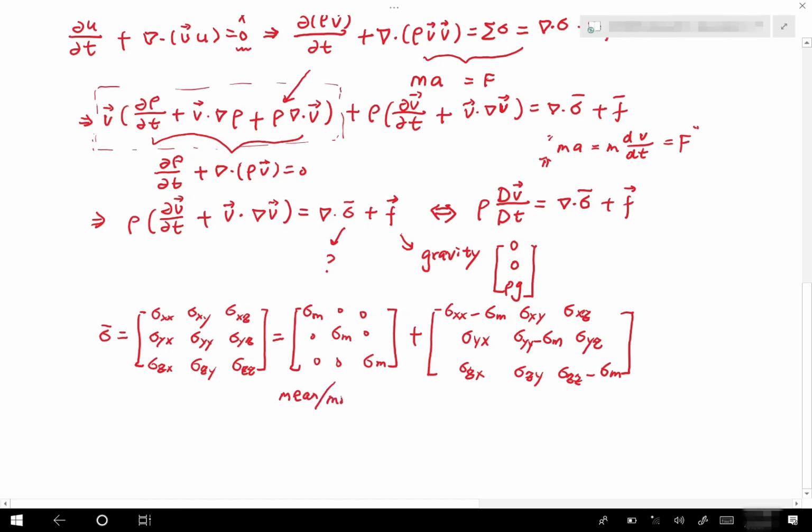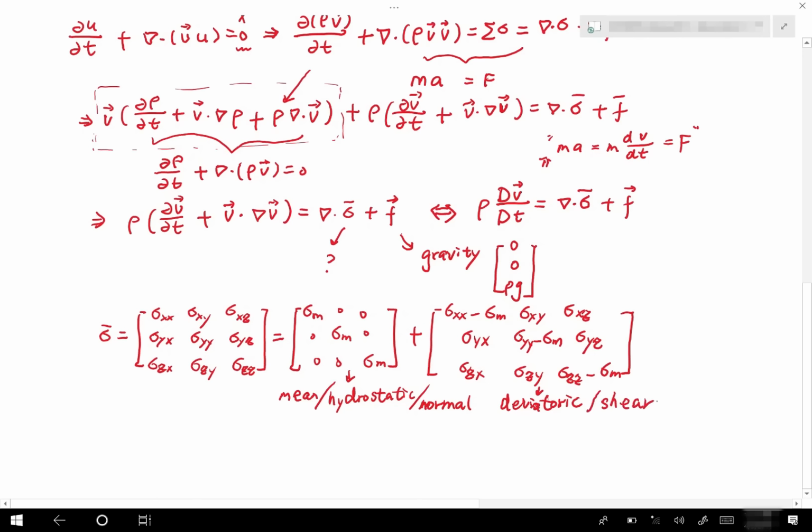So in this way, we have a mean, or normal, mean or hydrostatic part, and this part is deviatoric, for the shear part.